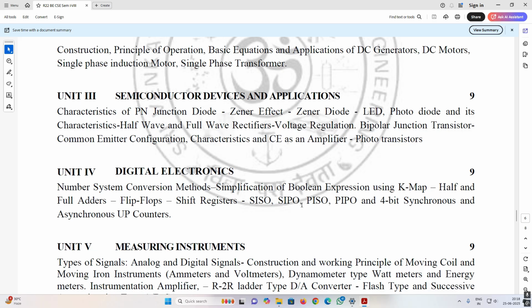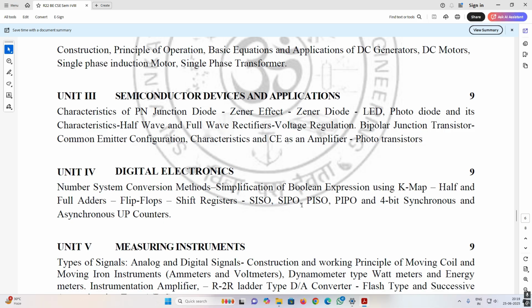Whoever is going to study electrical and electronics engineering or EC, electronics and communication engineering, and CSE, computer science and engineering, or instrumentation engineering, or even IT people, for these disciplines of study, digital electronics is very fundamental.